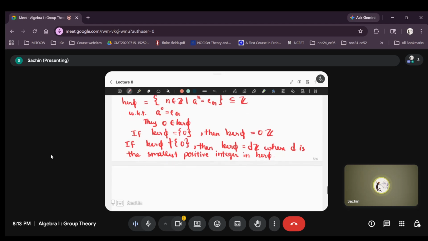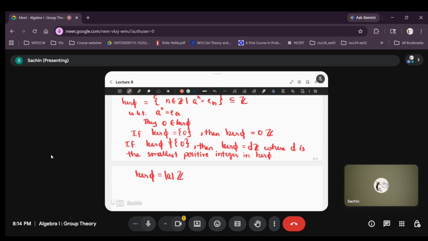So if kernel of phi is simply the trivial subgroup, then it's just 0Z. Otherwise, kernel of phi is dZ, where d is the order of a. So you can write kernel of phi is order of a times Z, all integer multiples of the order.